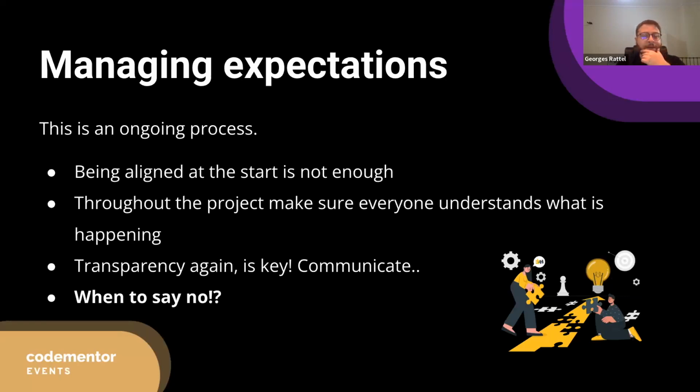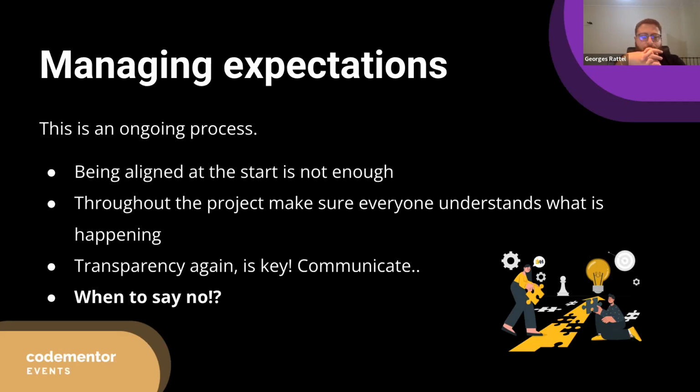Okay, moving on. So that's why it's also very important to manage expectations, and it's part of the alignment, but it's not enough to align at the start. If you already told the client or the developer what to expect in the start, it's not enough, because throughout the project many things change and many things can happen.